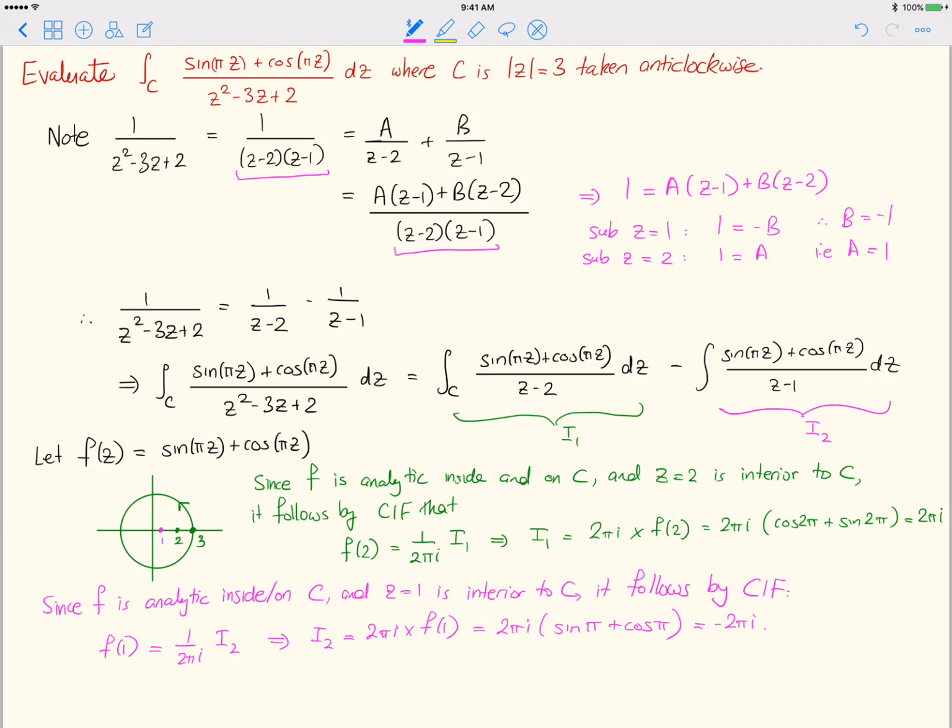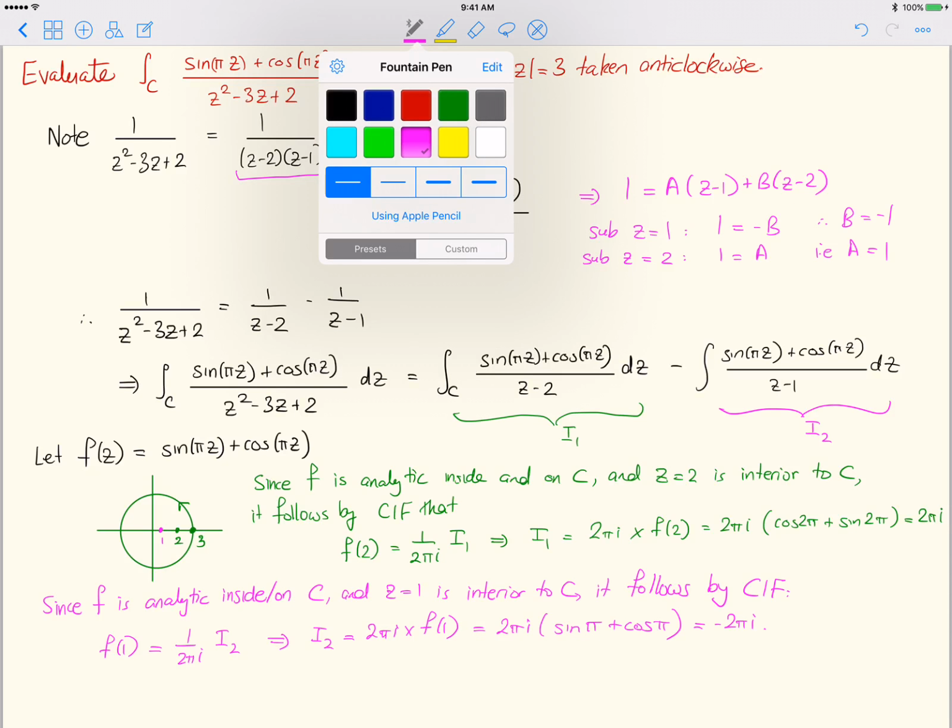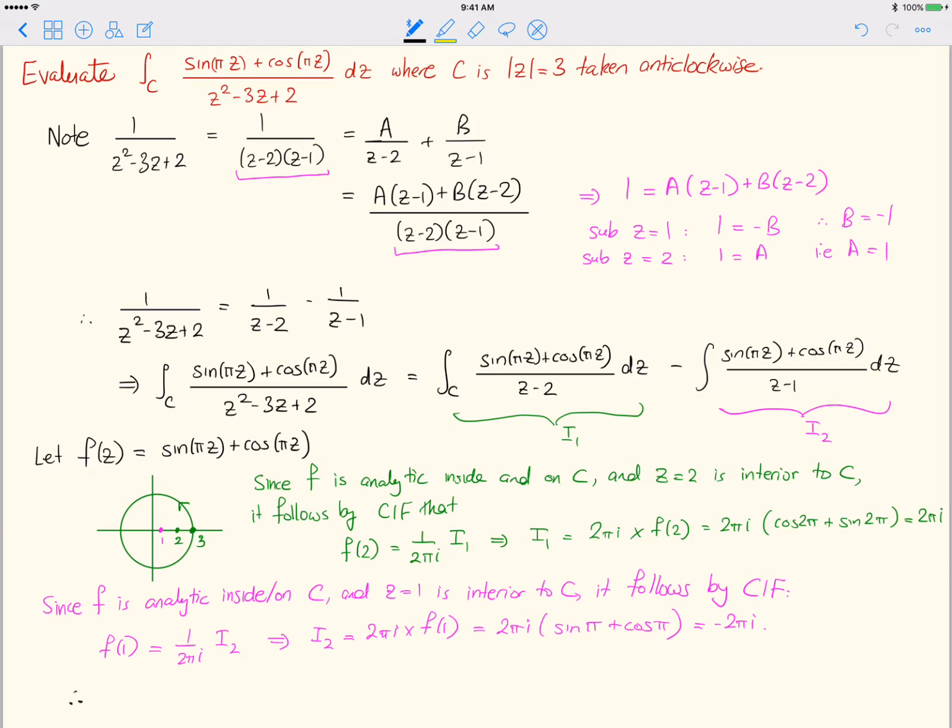Right? So now that I know what I1 is and I know what I2 is, I can just put this all together to get my integral. So therefore, that initial integral which they gave us, this one here, remember we said this was I1 minus I2.